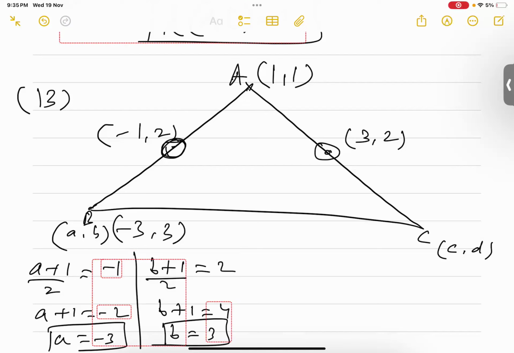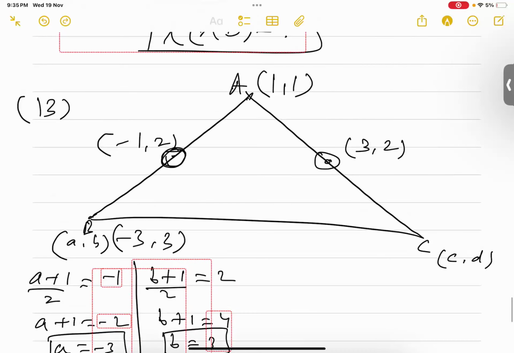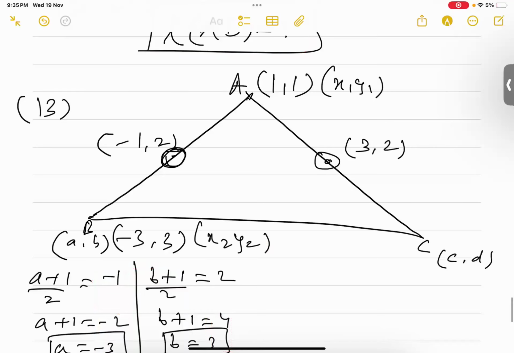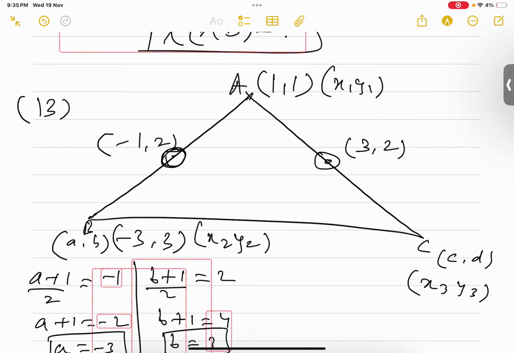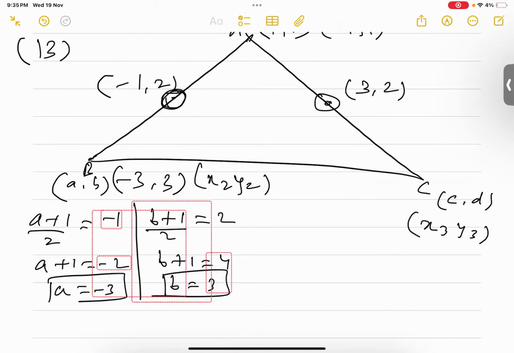Similarly, you calculate the value of C using the midpoint formula. Now, what you have to do is take this as x1, y1, this as x2, y2, and whatever you calculate for C, take it as x3, y3. Then you apply the centroid formula. The centroid is the intersection of all the medians.